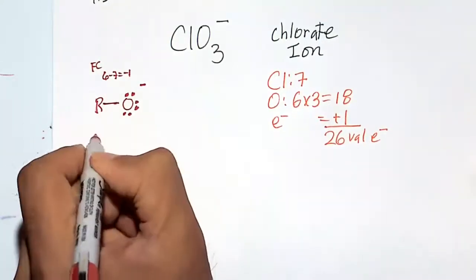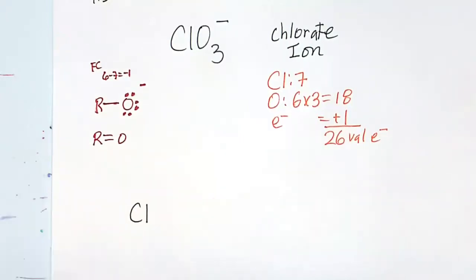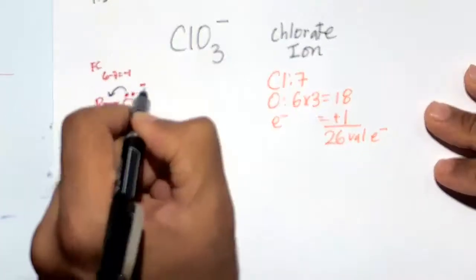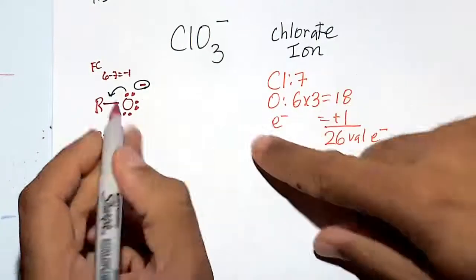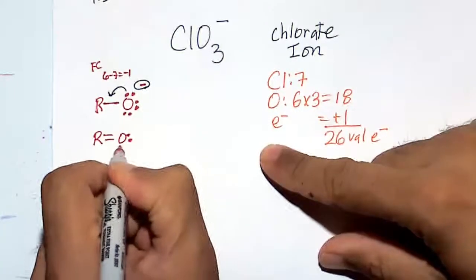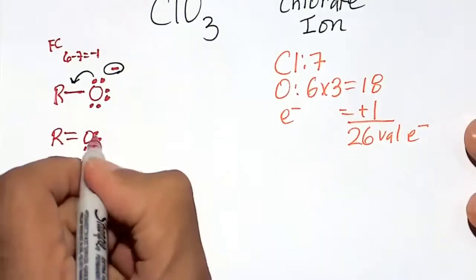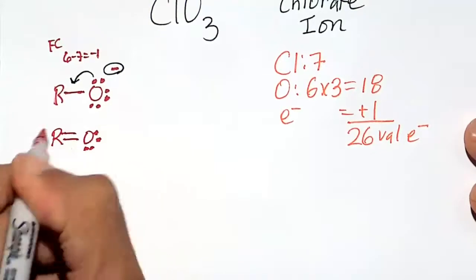Now, on the flip side, if you have a double bond to an oxygen, basically what I did is I moved a lone pair of electrons to create that double bond, and I will keep these 2 lone pairs. This has a formal charge of 0, right? So 1, 2, 3, 4, 5, and 6.